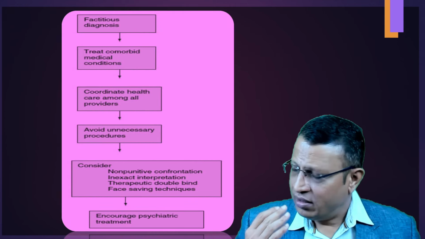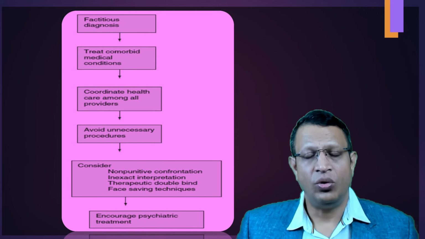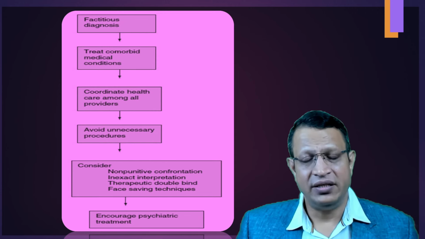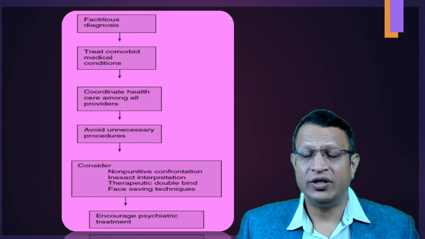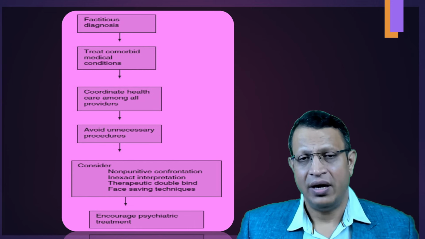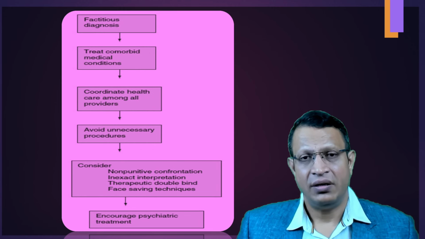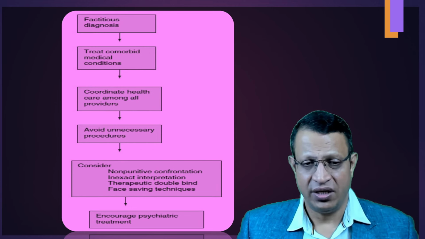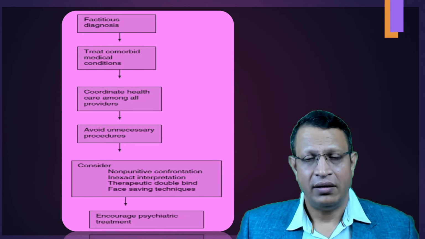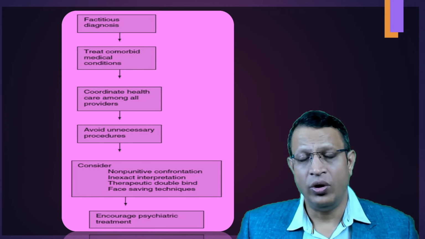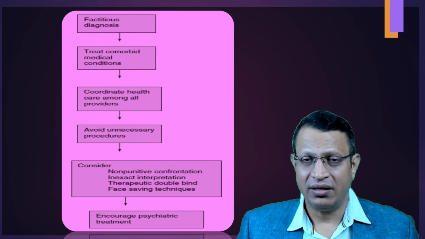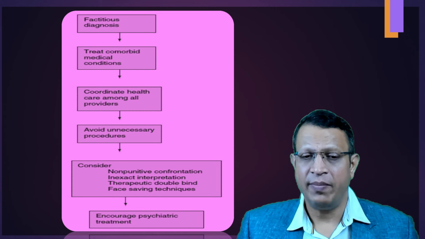This is the flowchart where you can see, once you know that there is a factitious disorder, treat the comorbid condition, and coordinate with all other healthcare providers and other departments so that we can coordinate the care and avoid all unnecessary investigations and treatment. Consider non-punitive confrontation of the symptoms and signs with the patient, and tell them, yes, we can understand that they're going through a turmoil and they're seeking attention by a maladaptive coping mechanism.